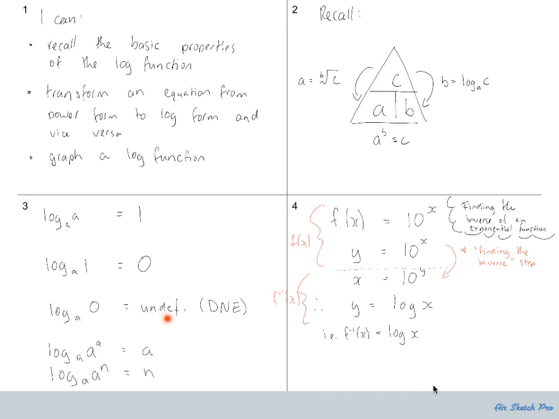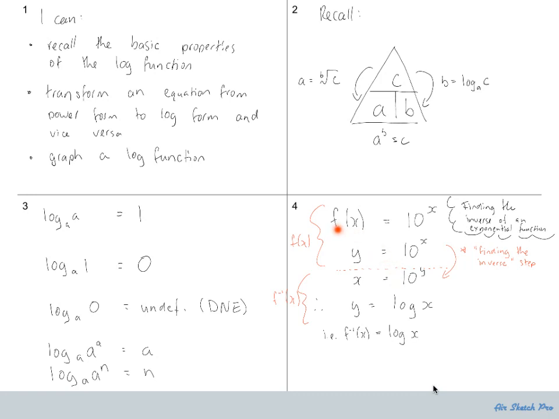Log base a of 0 is undefined, it does not exist. Log base a of a to the power of n is equal to n for reasons that we've gone into. That rule is actually used a fair bit, but we'll get to it later on.